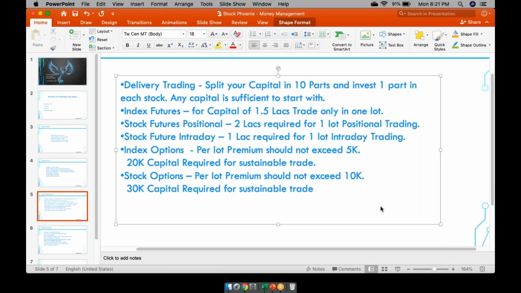Swing, BTST, short-term positional, long-term positional, everything will come into delivery trading only.